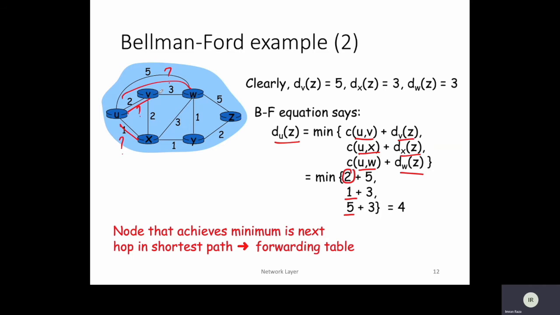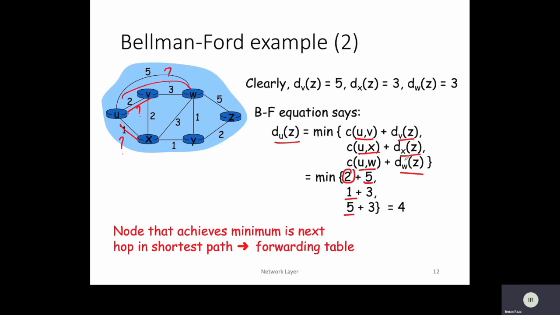Yeah, the least cost from v to z is from v to x, which is 2, and then from x to z, which is 1 plus 2, 3. So 2 plus 3 is 5.